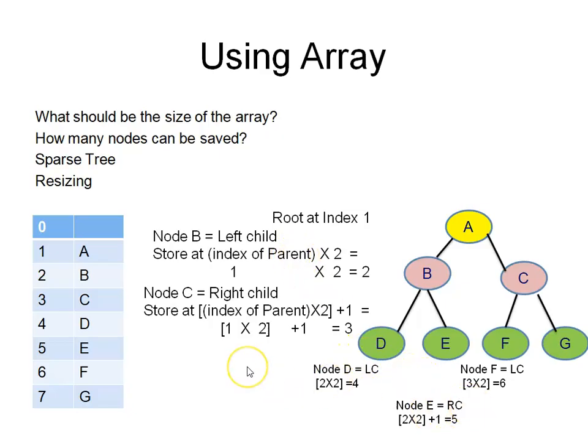Similarly, G, which is the right child of C, is stored at 3 into 2 plus 1, which is the 7th position.